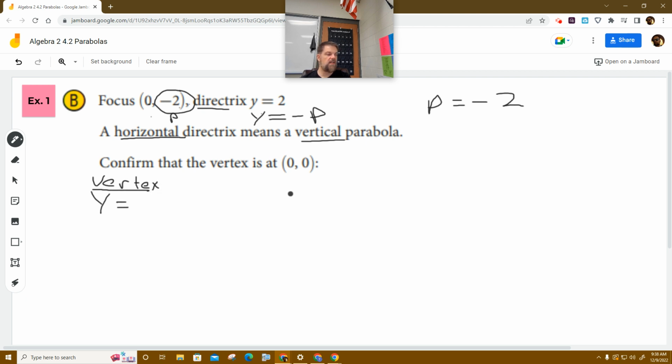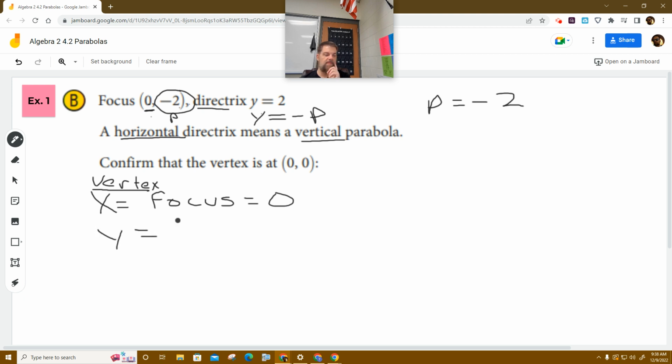The y coordinate of the vertex is the same as, wait. No, it's not the y, right? Because this is a vertical one. So the x is the same as the x value of the focus, right? So that would be 0.